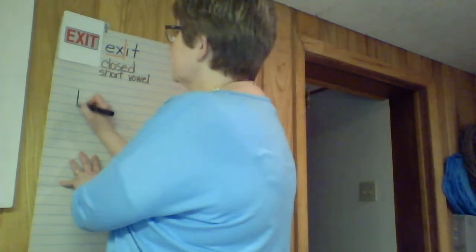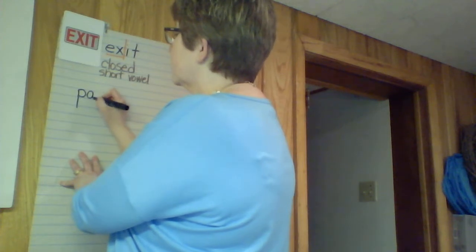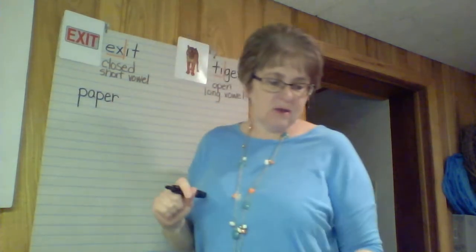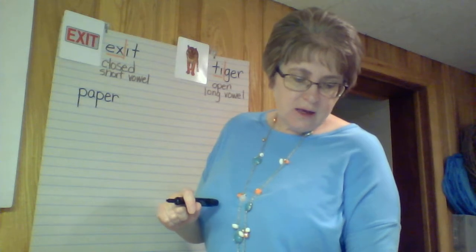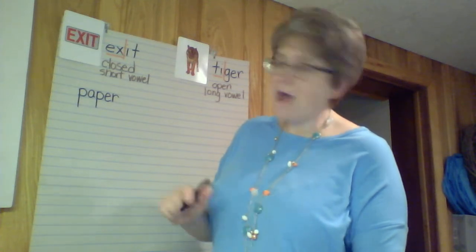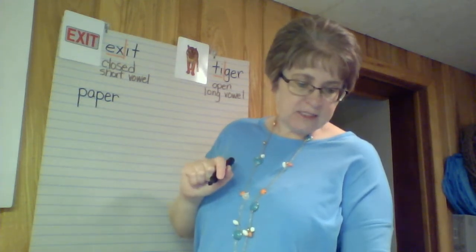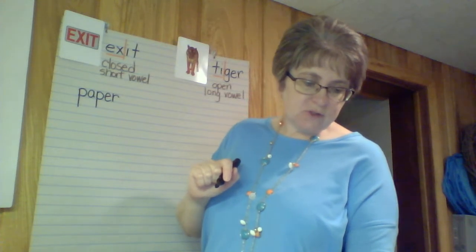Okay? So let's take a look at this word to start with. All right. This word I see it has two vowels, so I know that it's going to have two syllables.